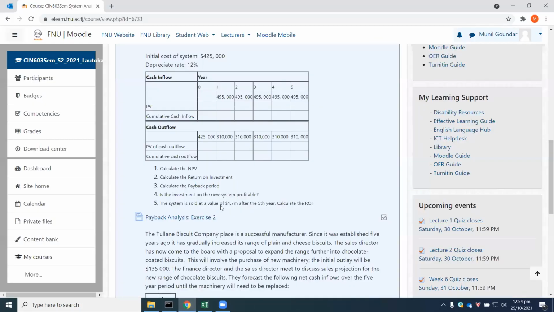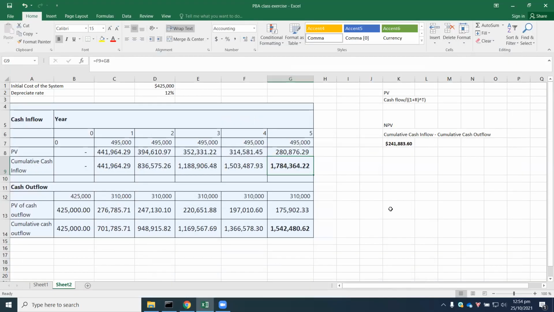Let's look at the next part of the question. It is to calculate the return on investment. So the return on investment here means what is the total amount of money that the organization is earning based on the inflow and the outflow of the cash. So the formula is as such.